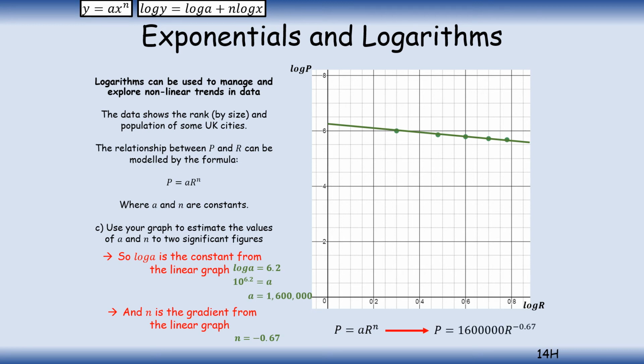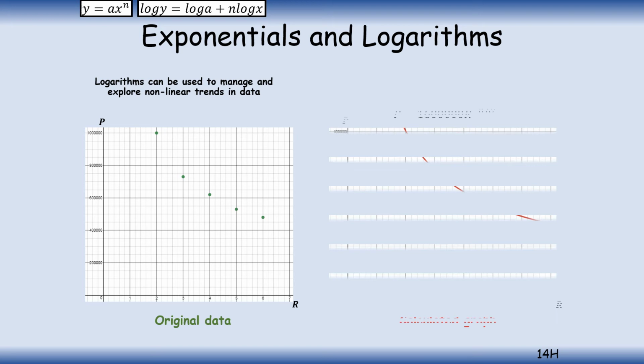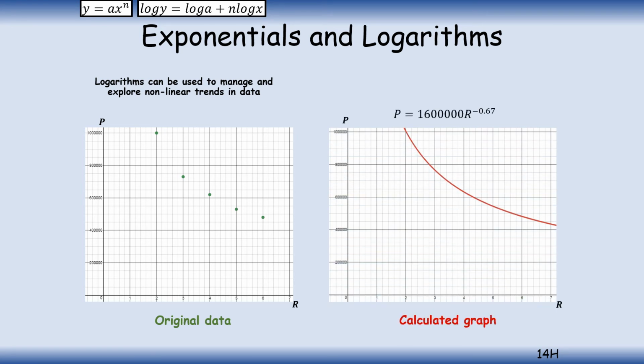So P equals 1.6 times 10 to the power of 5 times r to the power of minus 0.67. Do you guys understand that?